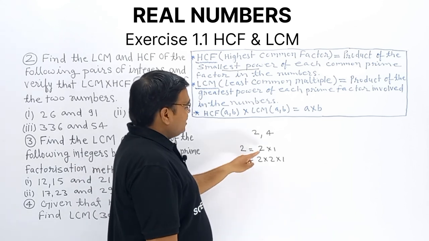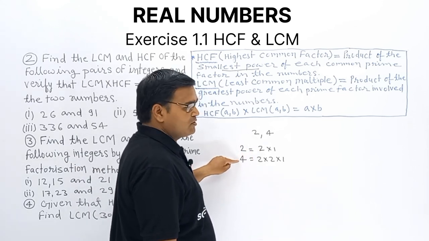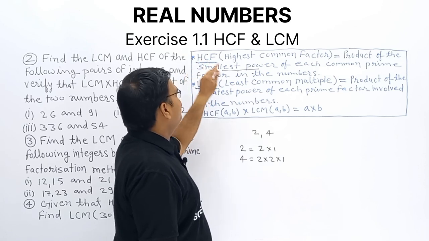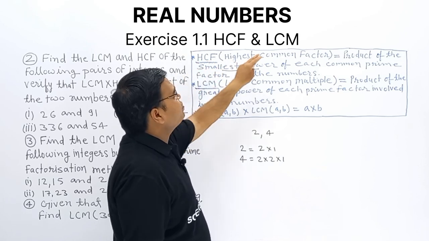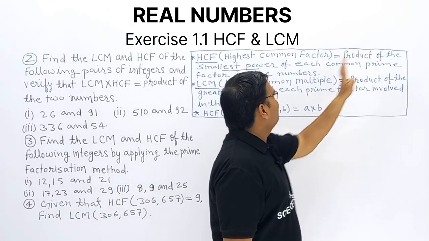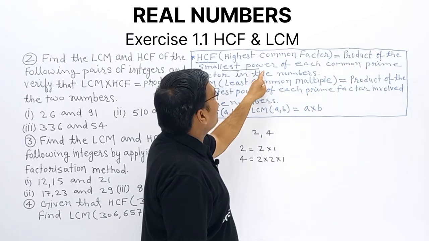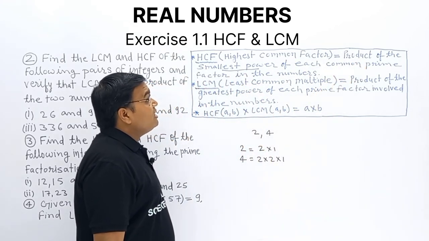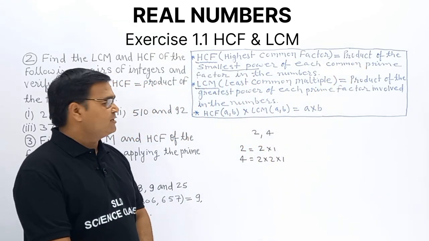Now I have these two numbers and I want the HCF, the highest common factor. And what is the definition? The product of the smallest power of each common prime factor.